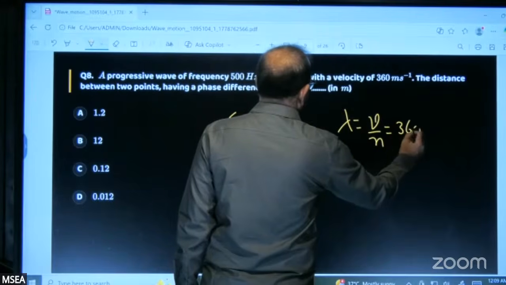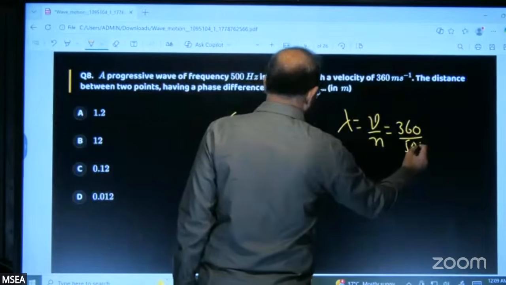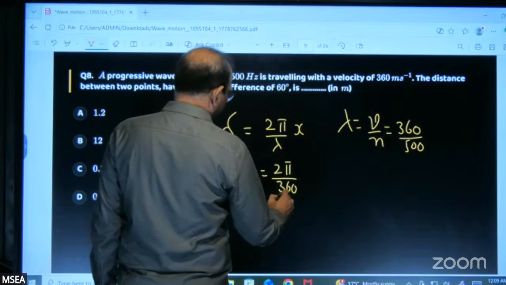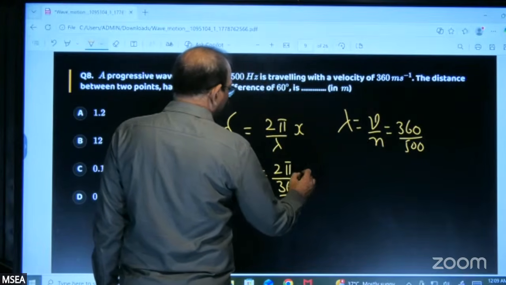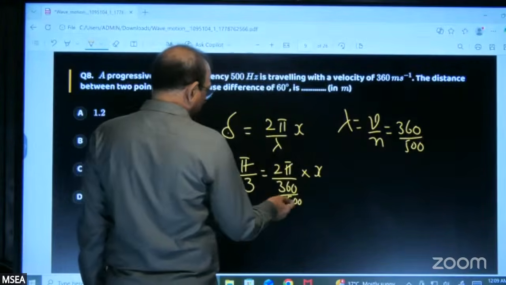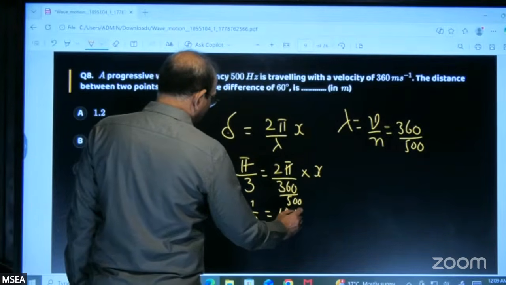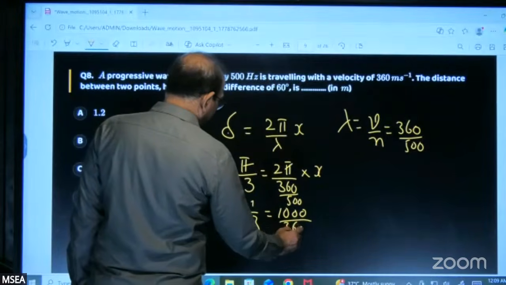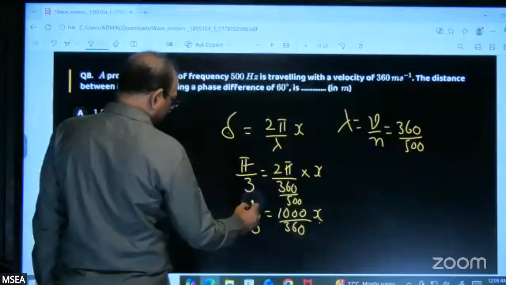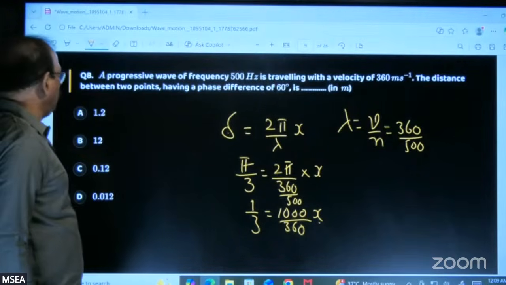V 360 meter per second given in SI unit. Frequency 500 given. So lambda is 360 by 500 into x. Pi cancel. 1 by 3 equal to 1000 by 360 into x. Find x. 0.12 you'll get, 0.12.